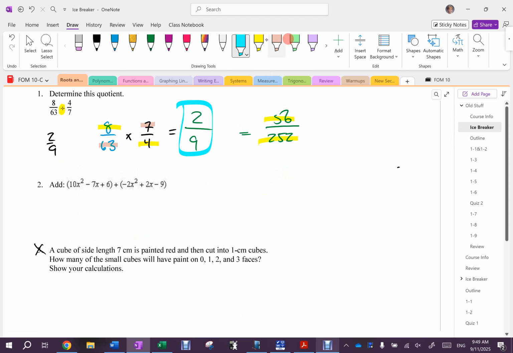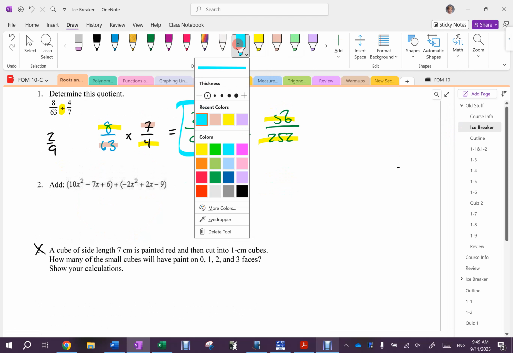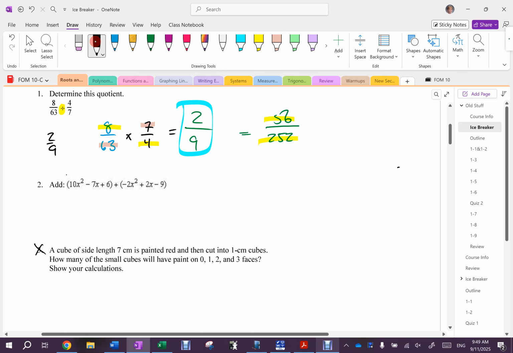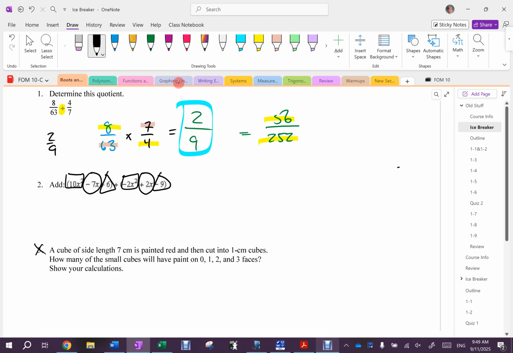Down here, of course, you collect like terms. Now, some of your grade 7 or 8 teachers might have said draw shapes around all the same terms, and then add up the same shapes. That's cool. I don't care what you do. Some teachers say rewrite the question.